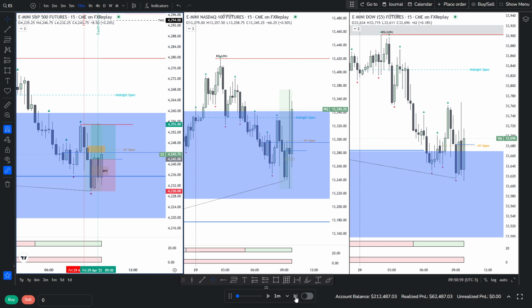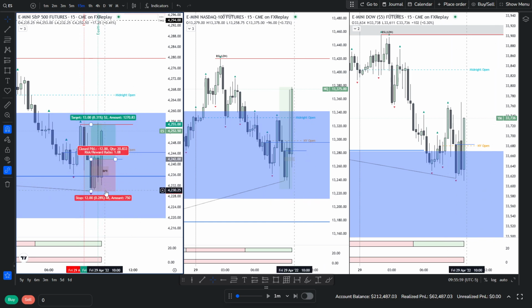Let's see how the M15 closes. So basically, had I not adjusted my stop loss, I'm still in this trade.